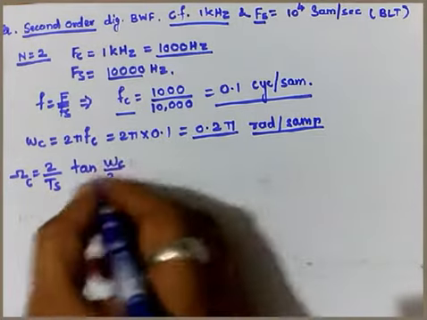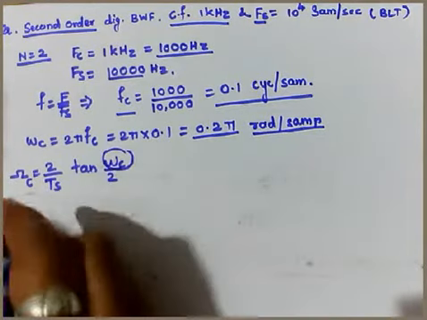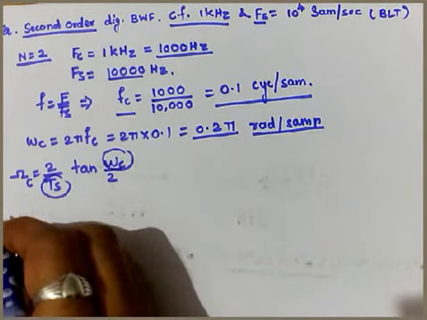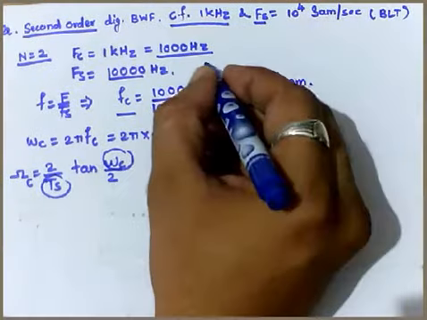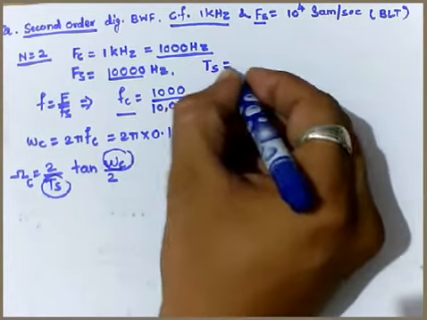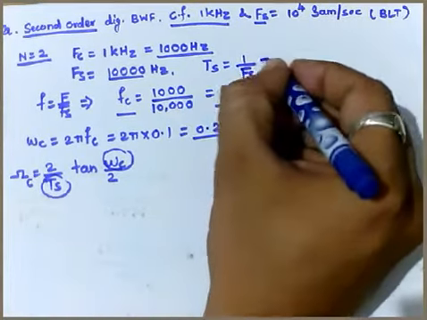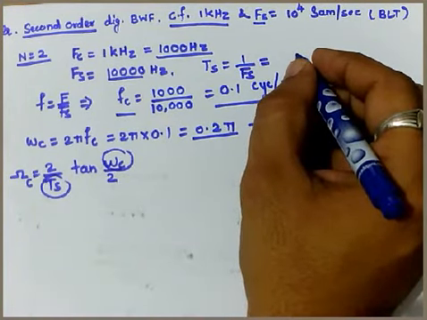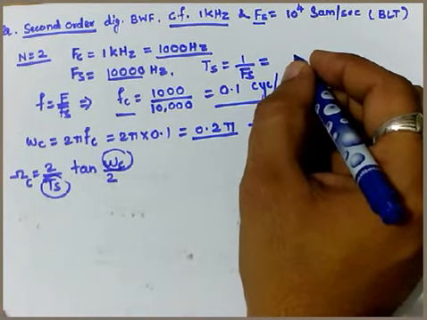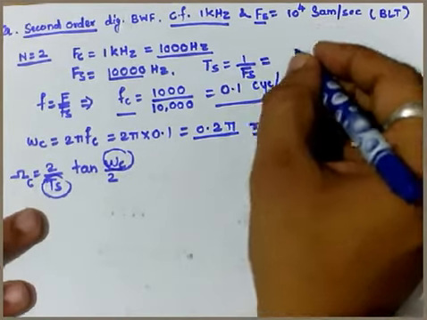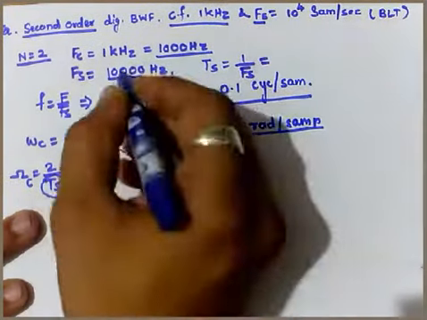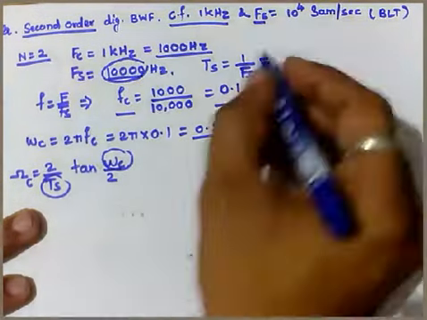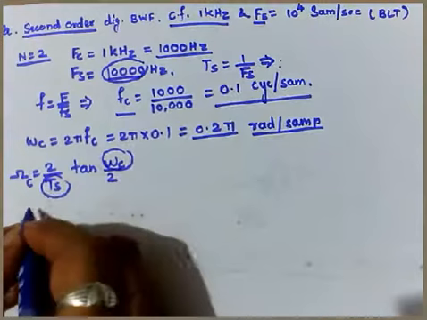Now by putting the value of omega c and Ts, what is the value of Ts? It is 1 upon Fs, so 1 upon 10,000. One may write 1 upon Ts, the same which we started with, that is 10,000.